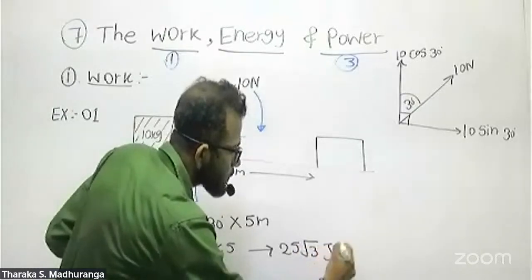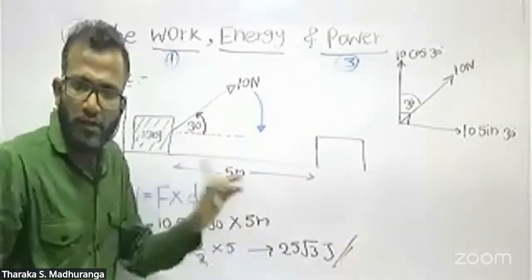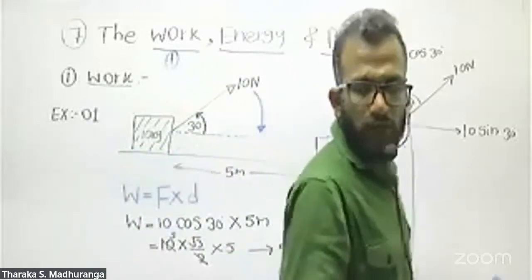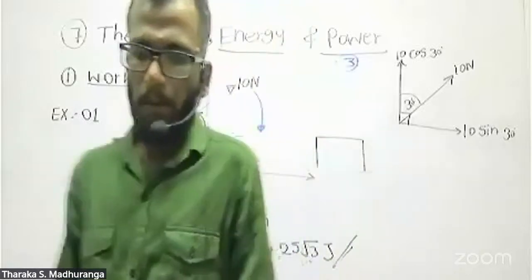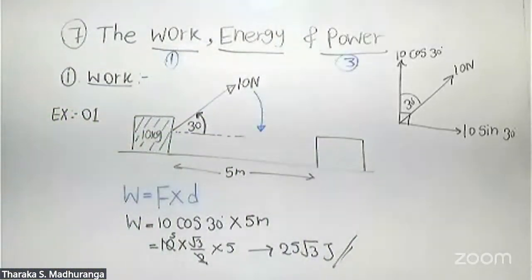The final answer, you can also get as a decimal value. Amma, have you got the 300 value?